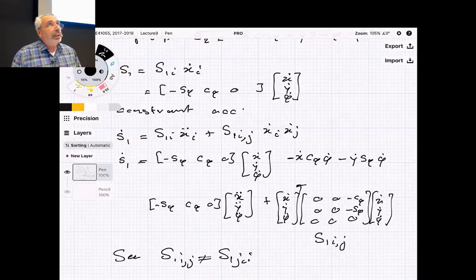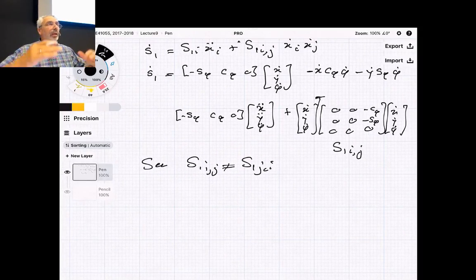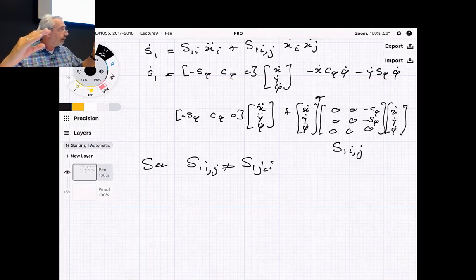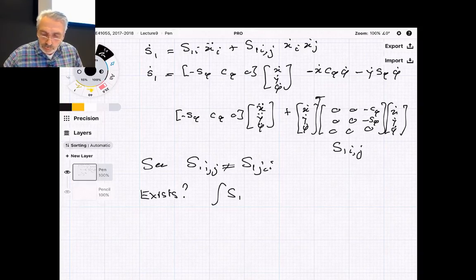Whereas, remember, in all the work you did up until now, if you derive all these second order terms, they were always symmetric. Well, in this case they are not. And that is actually the hallmark of this non-holonomic thing. Because it means that one level up, if we take the velocity constraint, the question is whether there exists a function, the integral of S1 with respect to t, let's say we call that function f.